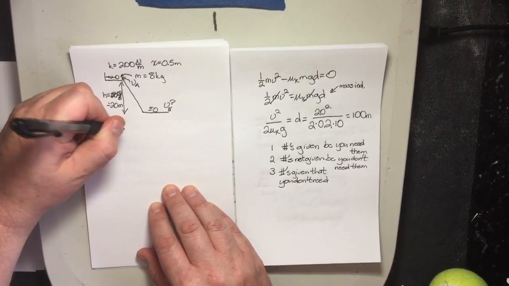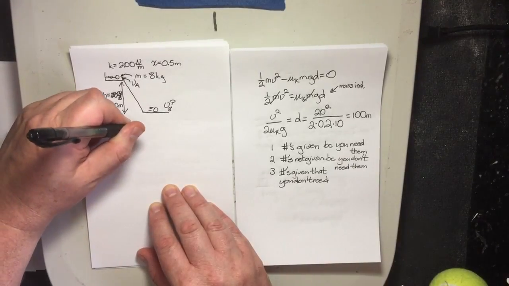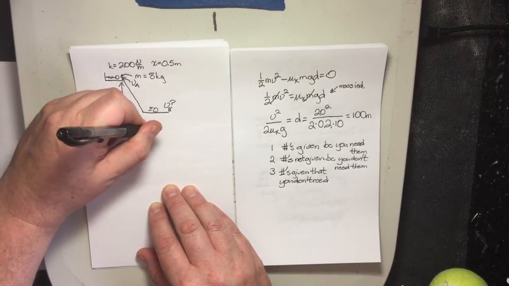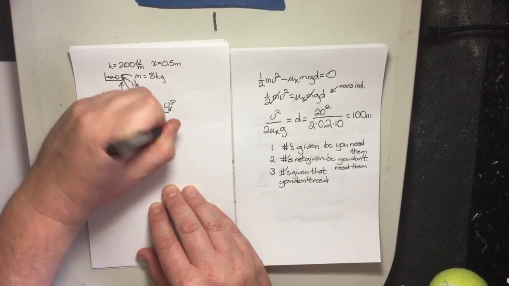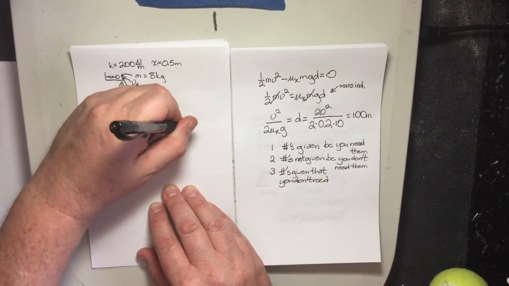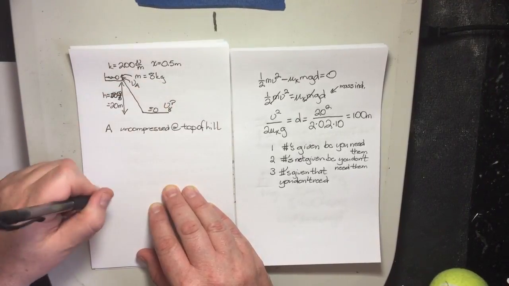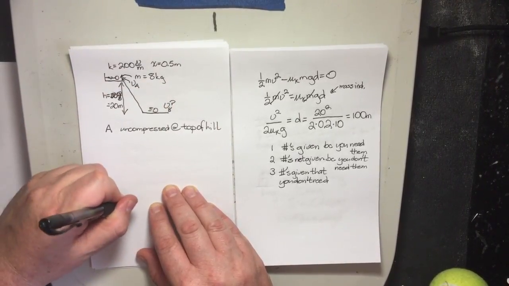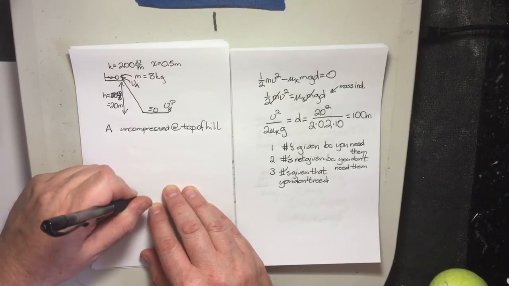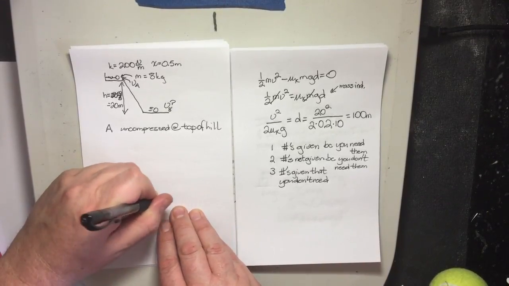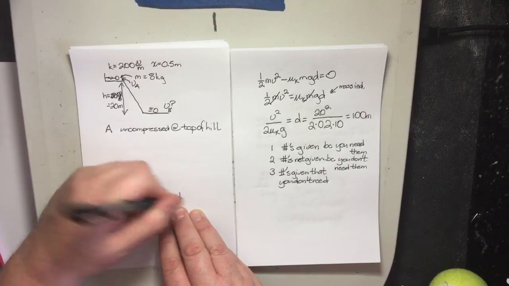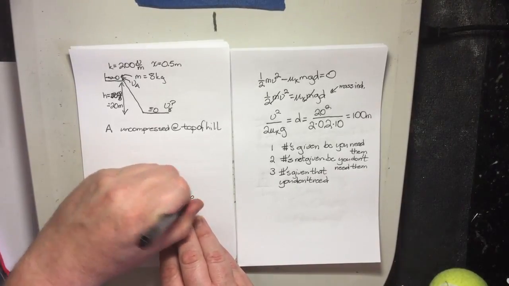A is uncompressed at top of hill. B is uncompressed at bottom of hill.